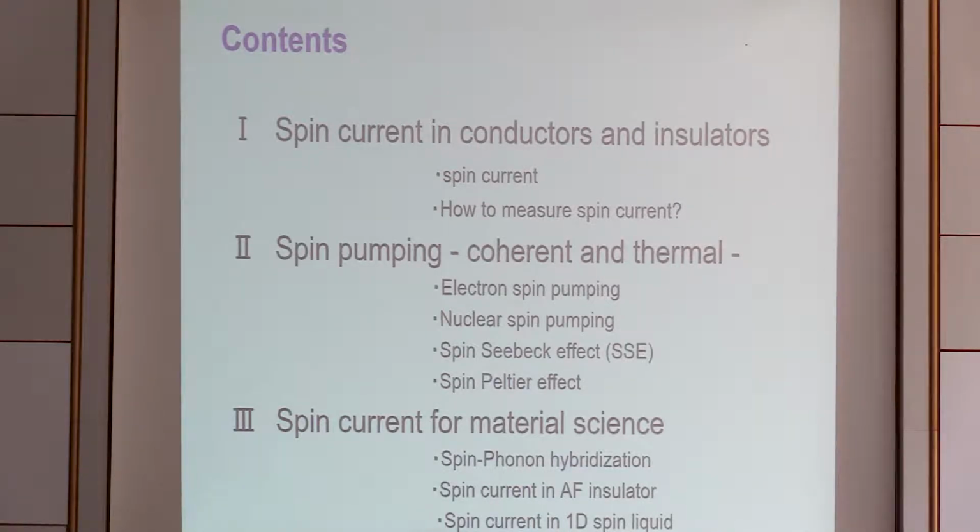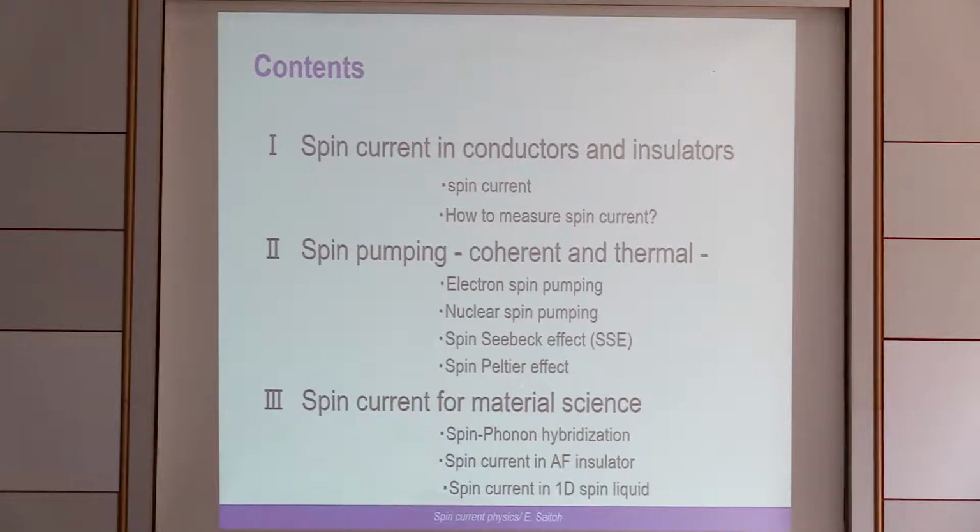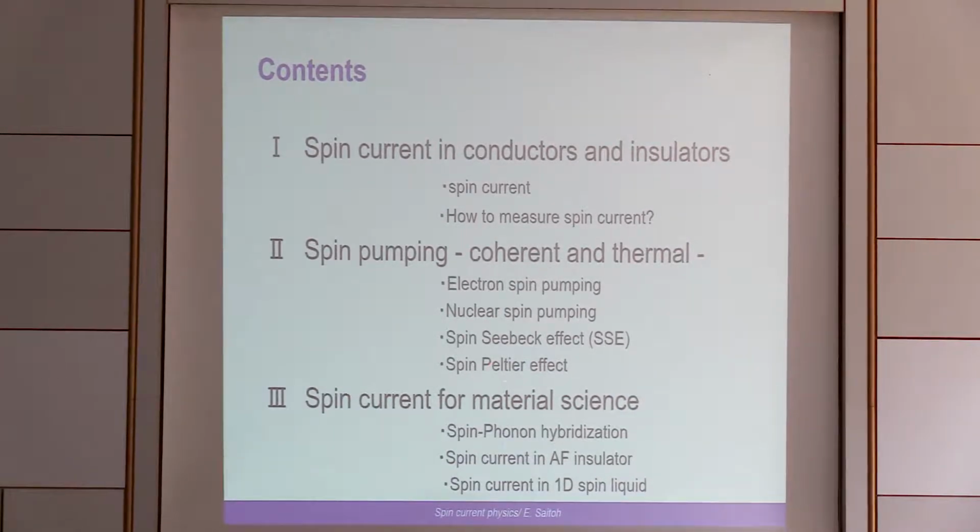First, I'll show electron spin pumping, then nuclear spin pumping, and the spin Seebeck effect, and the spin parity effect, the reverse effect, the spin Seebeck effect. Finally, I'd like to show the spin current probe for material science. I'd like to measure the rollover spin current in the spin phonon hybridized state, and the spin current in antiferromagnetic material. And if time permits, I'd like to mention the spin current in one-dimensional spin quantum linked state.